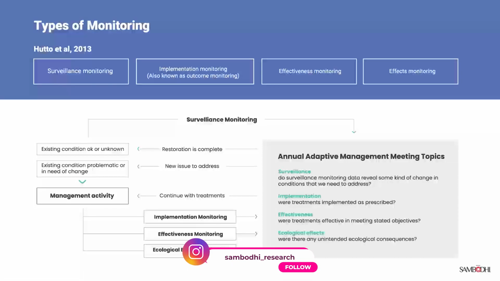As seen in the diagram, implementation monitoring will be necessary to determine whether the stakeholders funded the project to be done according to the intended outcomes. Effectiveness monitoring will be necessary to determine whether the activity achieved the explicitly stated short-term and long-term goals. Lastly, ecological effects monitoring will be necessary to determine whether there were any unintended consequences that threaten the long-term ecological sustainability and biological diversity of the entire system.